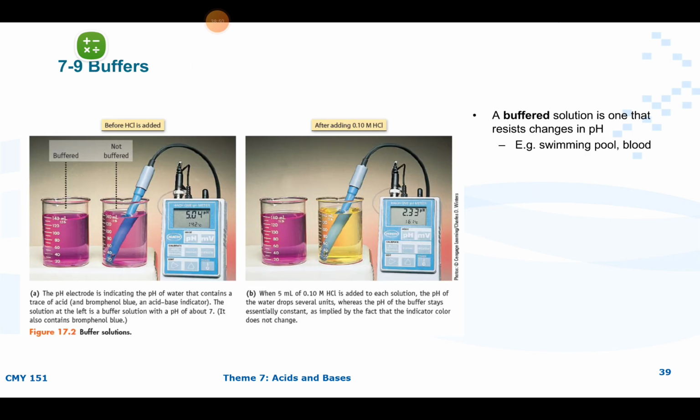Okay, so a buffer is a solution that resists pH change. So pH is very sensitive. A small amount of a strong acid can have drastic changes to the pH. So that's why you can test it at home. You take a little bit of water and you add 1 or 2 drops of lemon juice, which is a weak acid, but it is on the stronger side of weak acid.